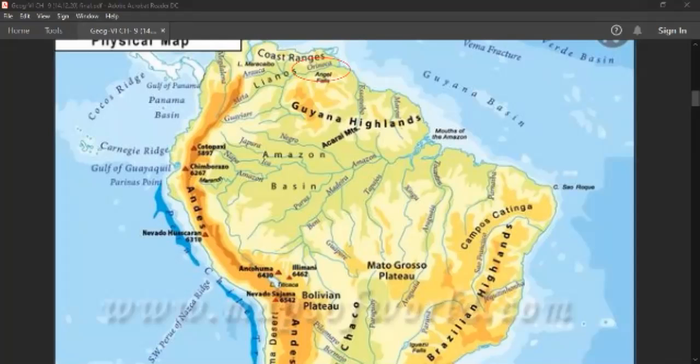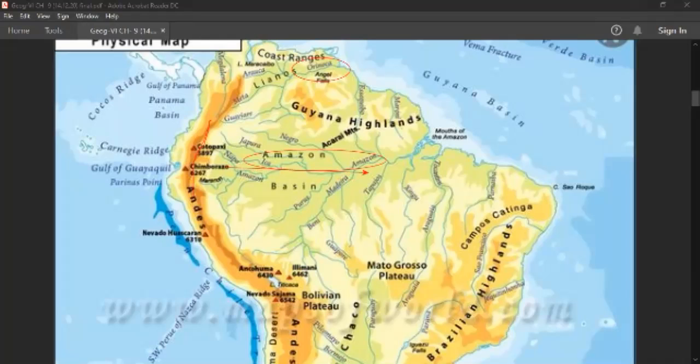The second river is the Amazon River. Amazon River, which is 6,400 kilometers long, rises in the Andes and flows eastward. Here the river flows towards the east direction across the widest part of the continent.